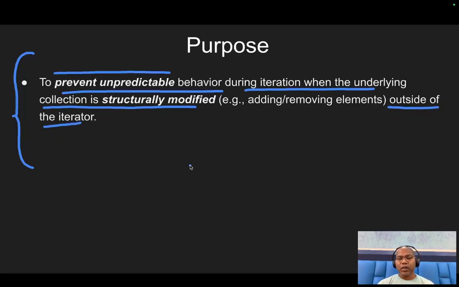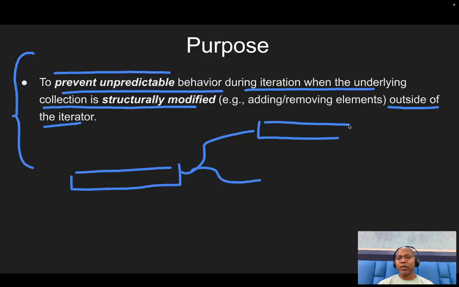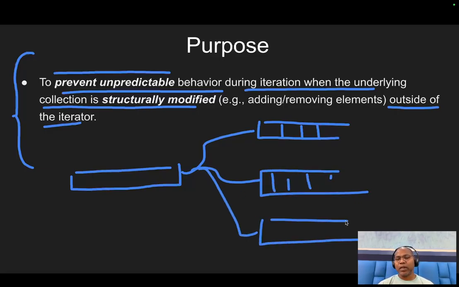The Java designers thought that in a collection, maybe one iterator is going on, another iterator can start, another iterator reads elements. So let's say iterator 1, iterator 2, iterator 3, three iterators reading from the collection.